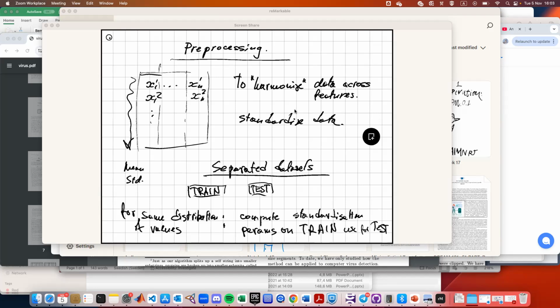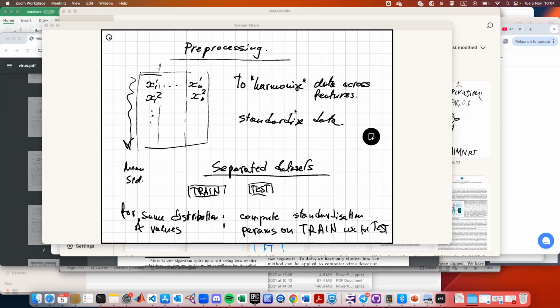We use the standardization values computed on the train set and use them for standardizing the validation and the test set. So that is the message.